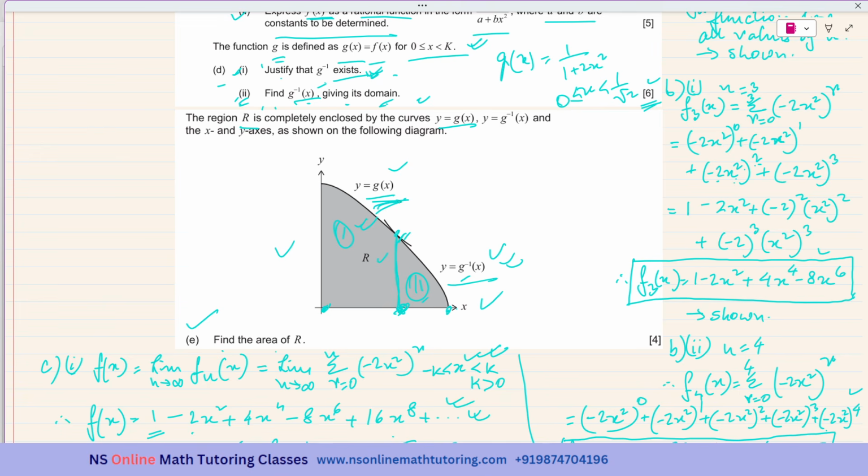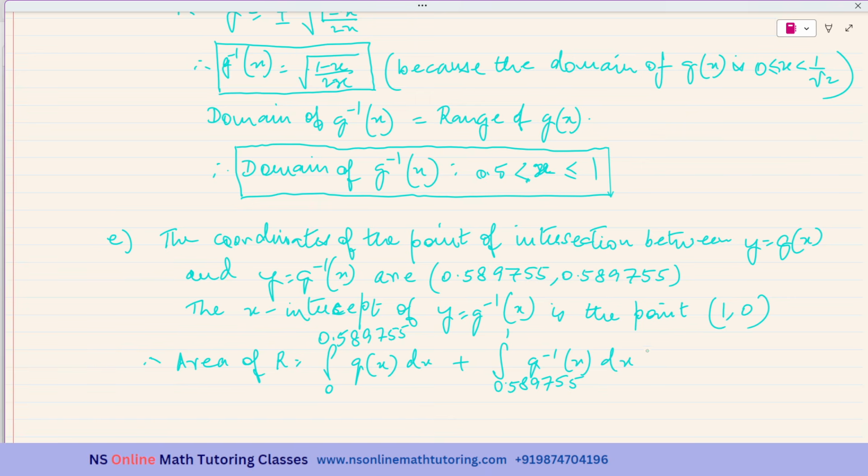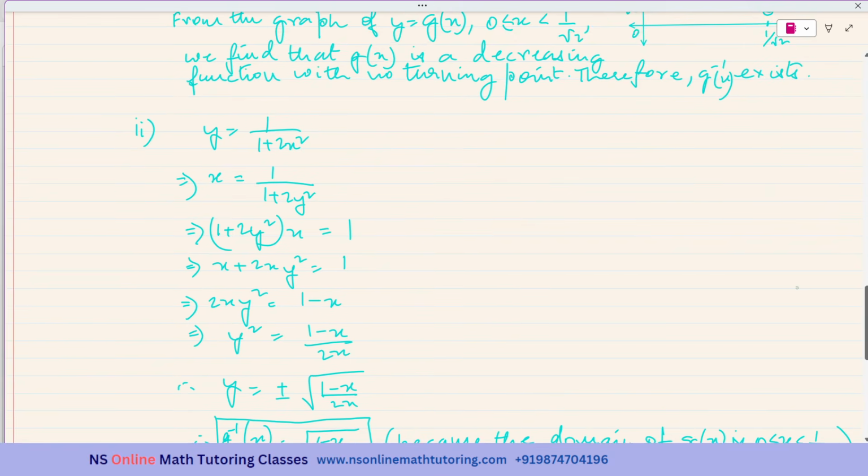Therefore the area of R is equal to the integral from 0 to 0.589755 of g of x dx, plus the integral from 0.589755 to 1 of g inverse of x dx. So what was the g of x expression? It was 1 over 1 plus 2x squared.